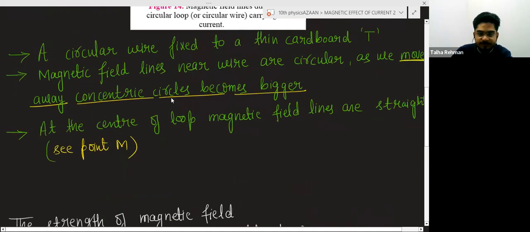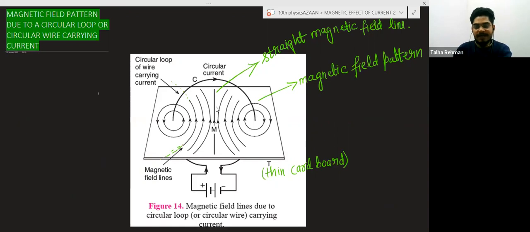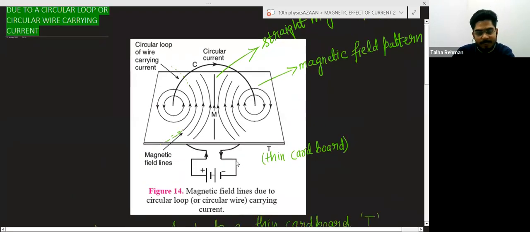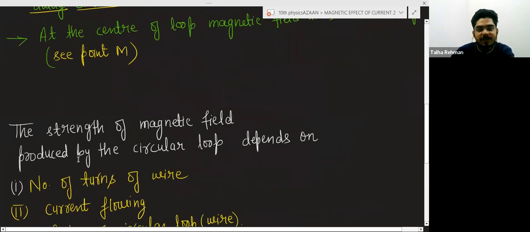Now due to this current carrying circular wire, what will be the strength of the magnetic field? I mean, on what factors will the magnetic field strength due to a circular wire depend? The strength of the magnetic field produced by the circular loop depends upon the number of turns of the wire.